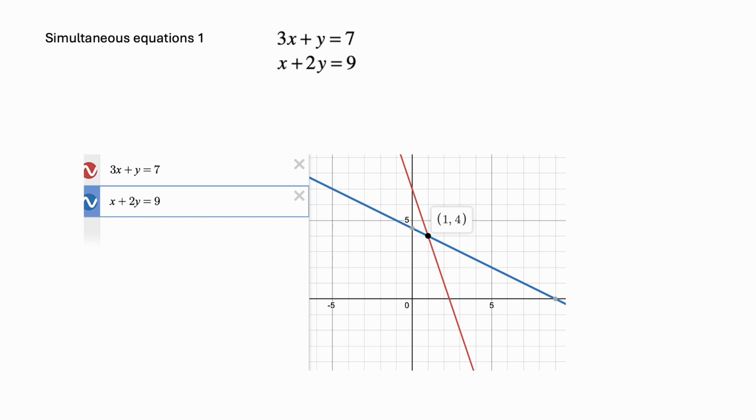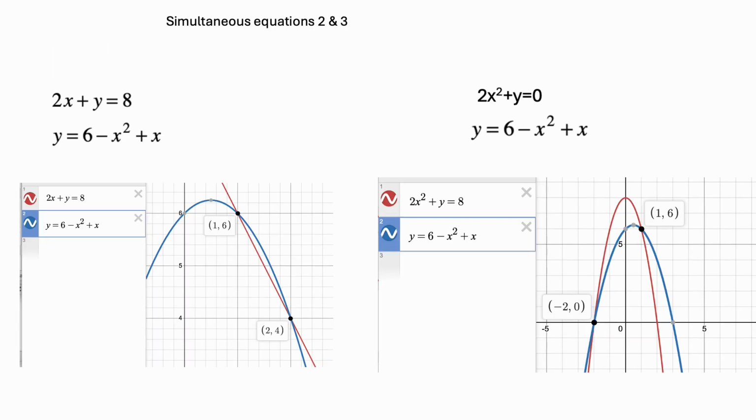For simultaneous equation 1, we can see that the red color and the blue color have one intersection. That is a pair of solutions: x is 1 and at the same time y is 4. Equations 2 and 3 have two pairs of solutions.